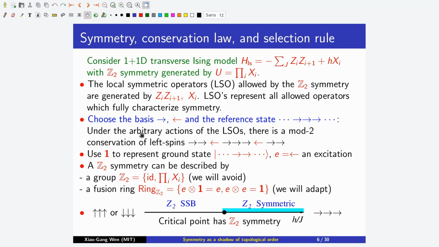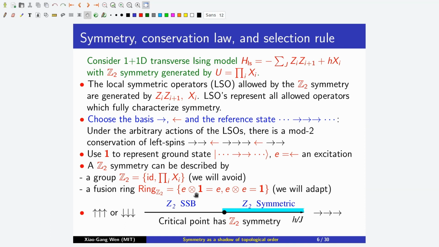This conservation can be viewed as a fusion ring: E times E becomes 1. This is what we discussed last week. This fusion ring really describes the conservation law and describes symmetry, so this is the picture we will adopt to describe symmetry.